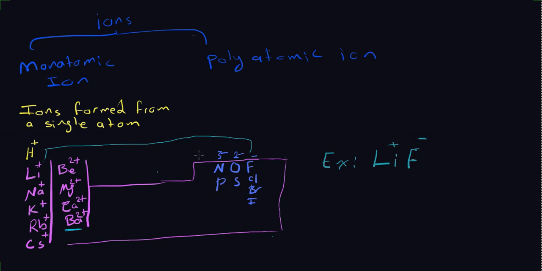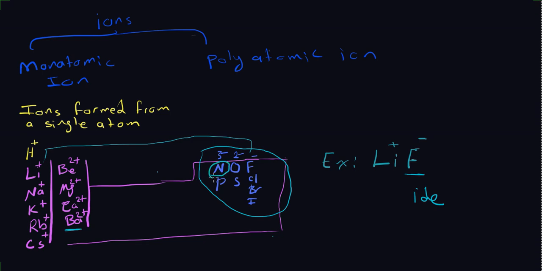But for a negative ion, which are located on the right of the periodic table, you will change the name of the original element. For example, fluorine, when it becomes an ion, you will say fluoride. You will add IDE for monoatomic anions, which are negatively charged.